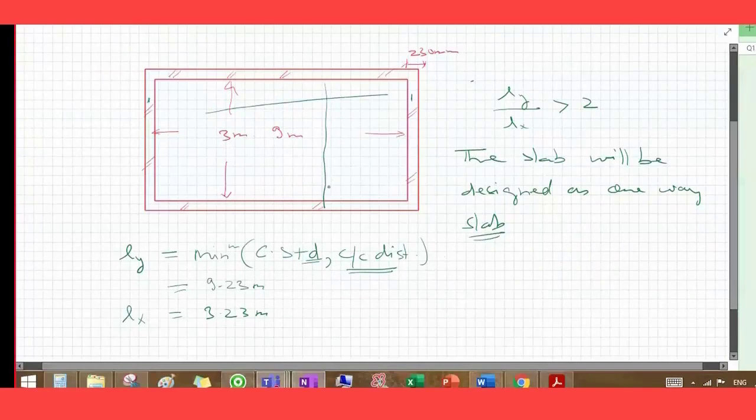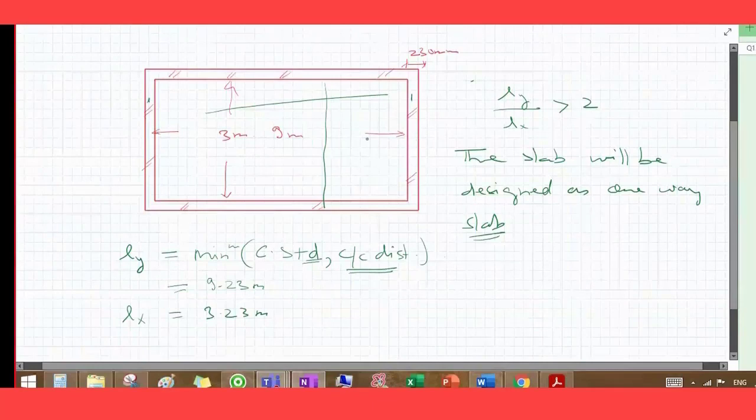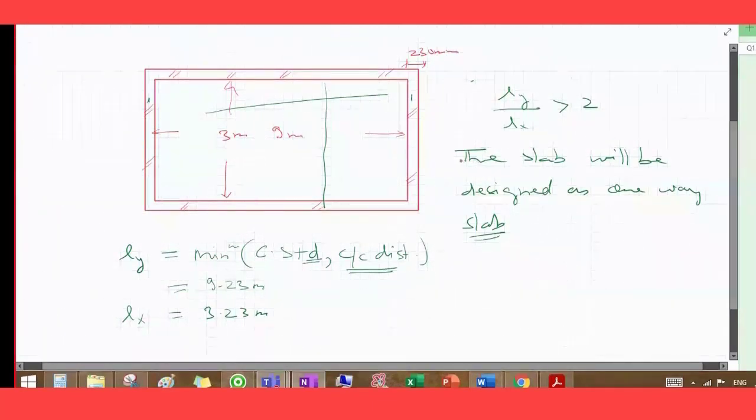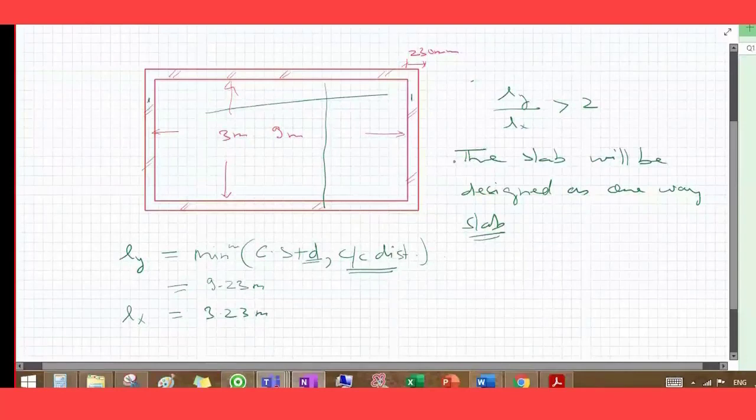If it is a one-way slab, it means the main reinforcement will be provided only in the direction in which the slab is going to bend, and we know that is the shorter span. So I'll be providing my main reinforcement parallel to the shorter span, and the secondary reinforcement will be placed along the longer span. This check is very important to decide whether the slab is going to be designed as a one-way slab or two-way slab, and it will help you assess how you're going to provide your reinforcement.